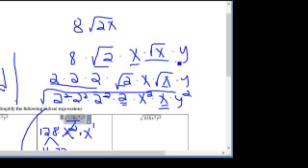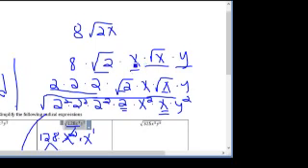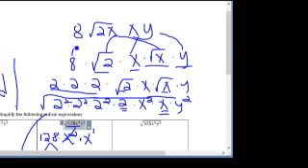These are different letters, but they're both letters, so they can be multiplied and put together. So they can be expressed this way. So these go here. This goes with this. And this is up here.